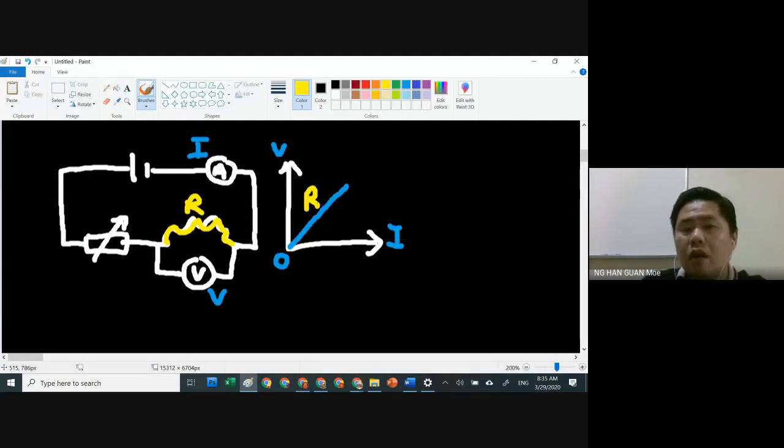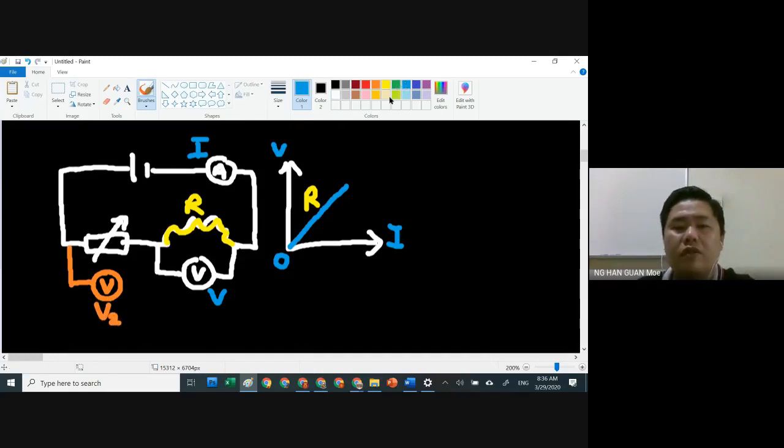Now I want to pull your focus to the other side. I want you to focus on what happens to the voltage across the fuse. Maybe I can label it V. This one I put as V1.